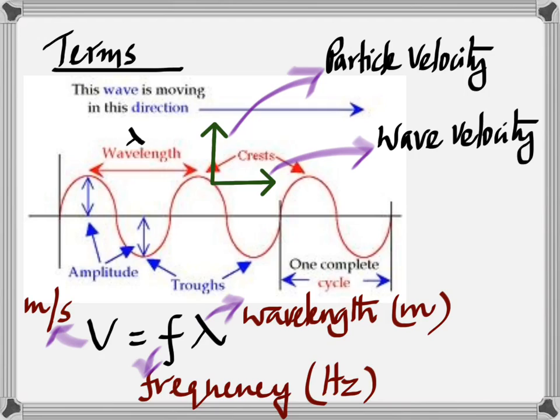Each time it moves forward, there's a compression. Each time it goes out, there is what is called a rarefaction. I don't know what your textbook calls it. A rarefaction and a compression. Compression means increased density. Rarefaction means decreased density. Does that make sense?